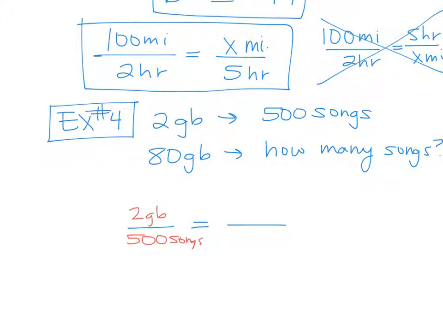Top or bottom? Bottom. Remember, we're not canceling here. With a proportion, they have to match up. Where are my gigabytes right now? On the top. So you need to put your gigabytes on the top. So 80 gigabytes is some number of songs. And if you don't know the number, put in a variable. So we'll call it X right now. So if this is my setup, how do I solve for the number of songs?